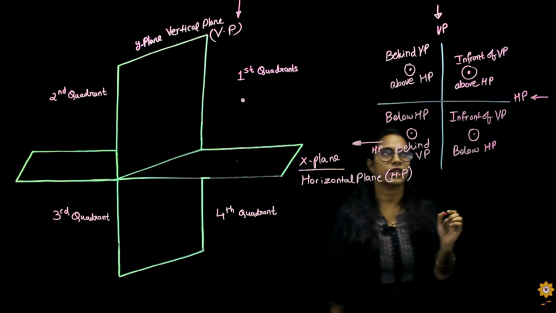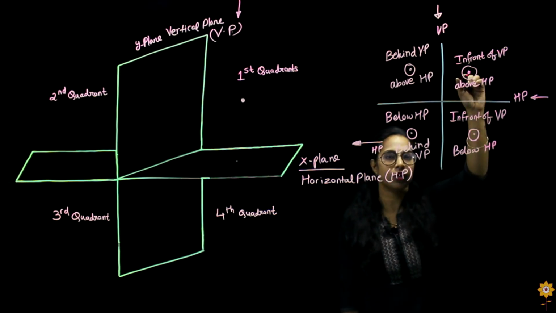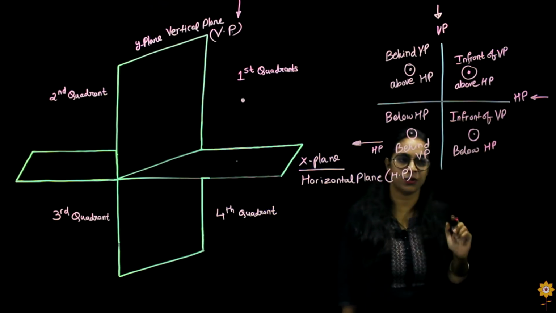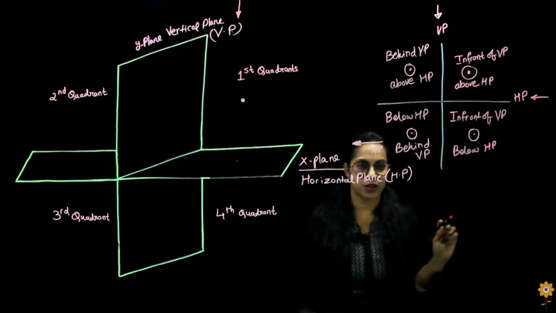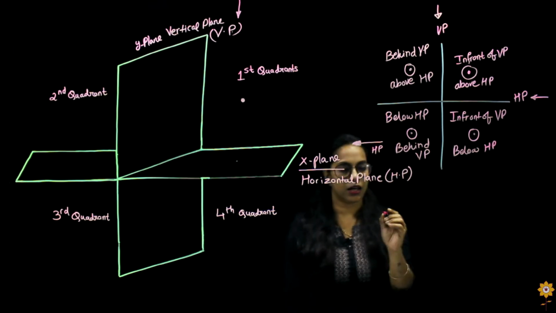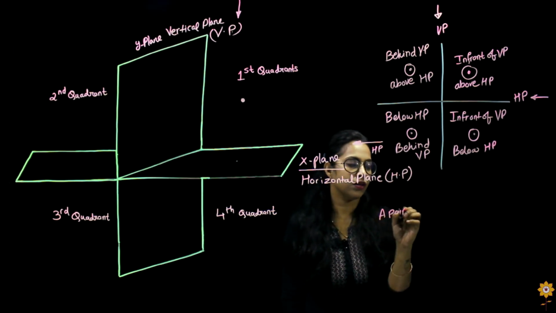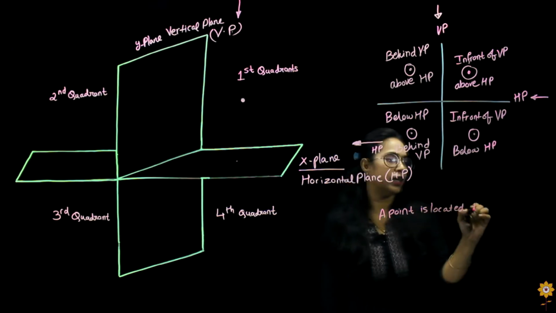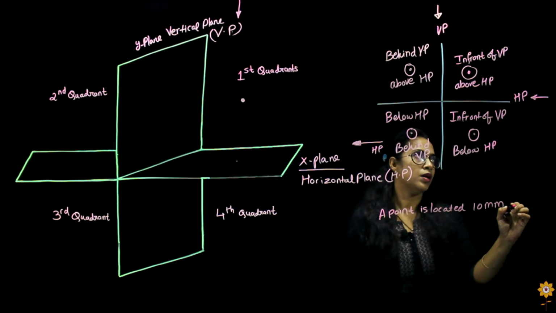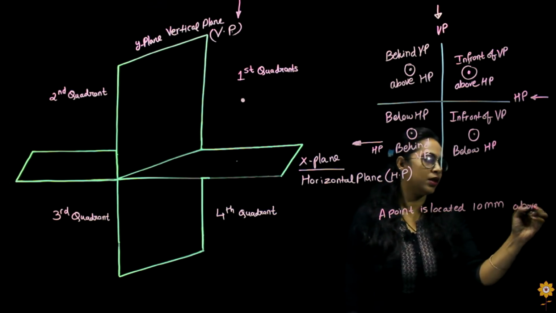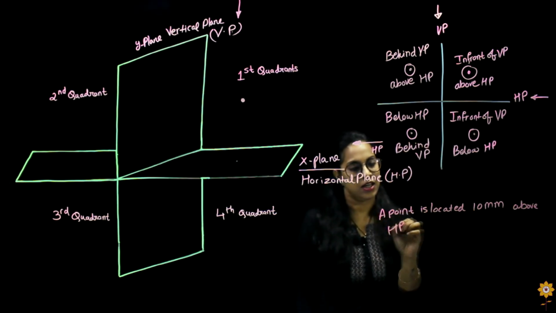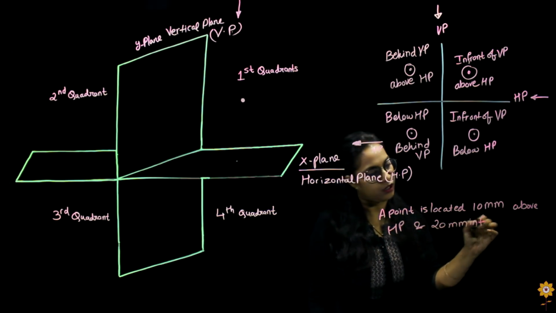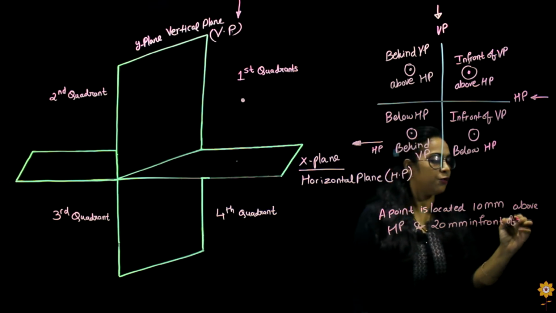So if I have to describe a point which is in first quadrant, how do I describe it? The point would be in front of VP and above HP. So if I have a question where it is mentioned that a point is located 10 mm above HP and 20 mm in front of VP.